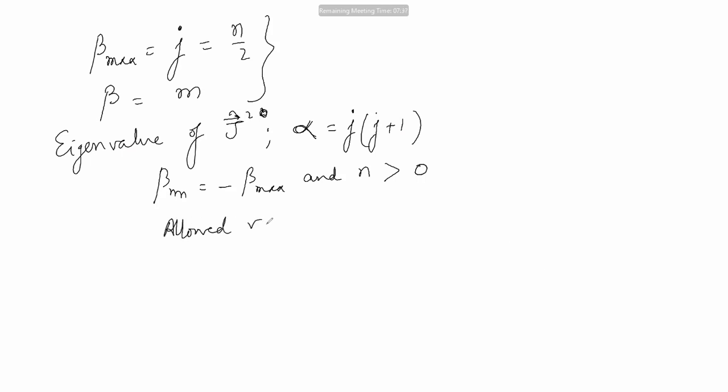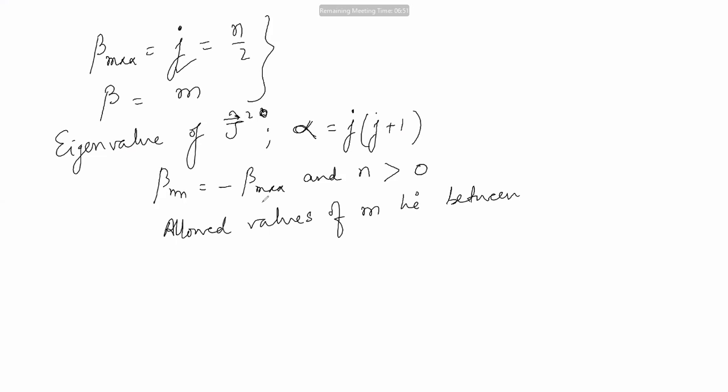Therefore, the allowed values of m will lie between... See, what is beta max? j, and that is equal to beta max.